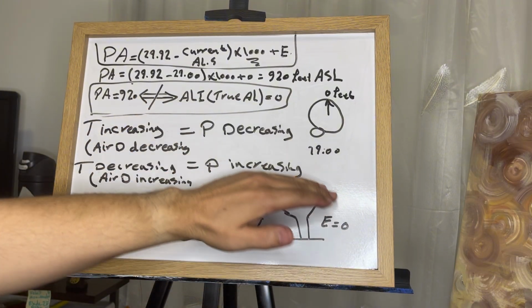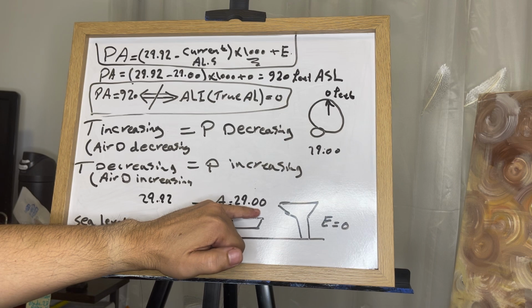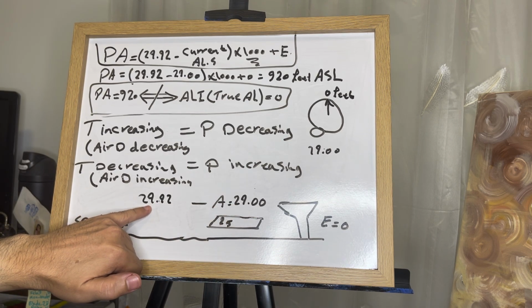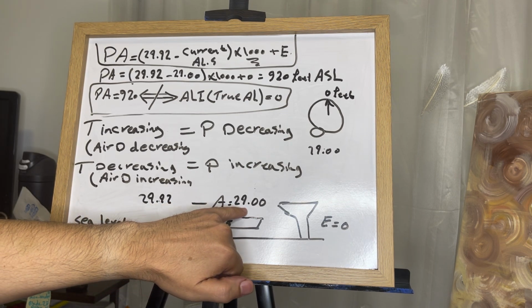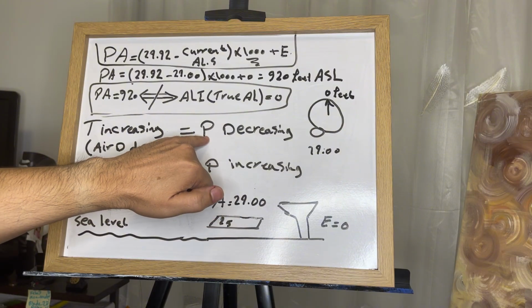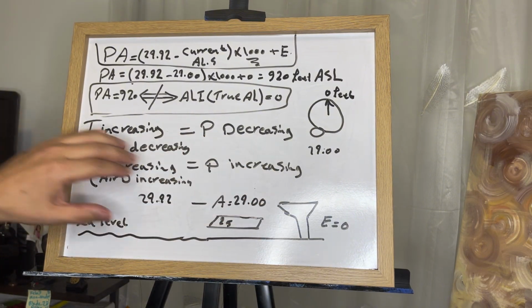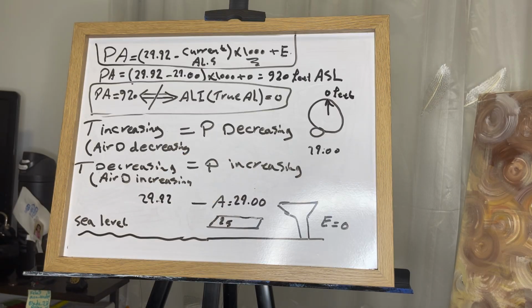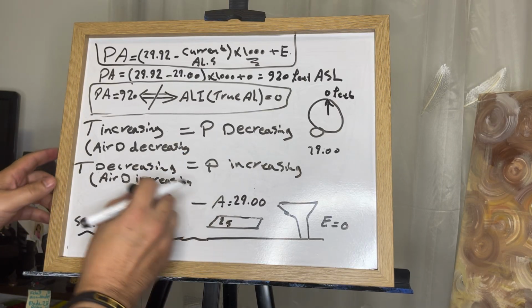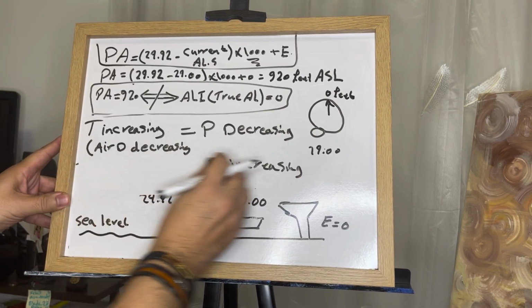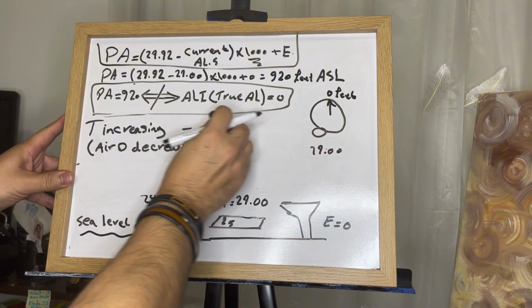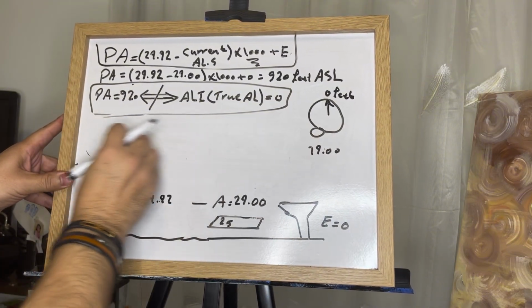So at this station we are at lower pressure compared to standard atmospheric pressure, so maybe at this station the temperature is increasing. You should know that this is why we have different local pressure at different stations.